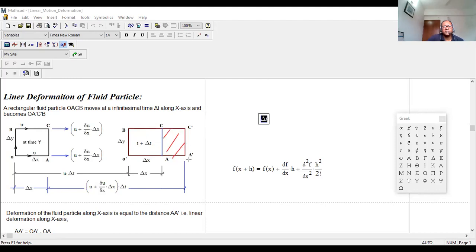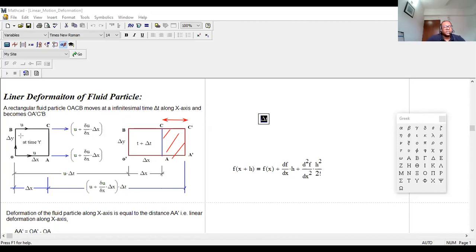If I know this length C to C', then we can figure out how much length increases in the x-axis. Similarly, we figure out along the y-axis and along the z-axis. Then you will know how much the total volume is increasing.